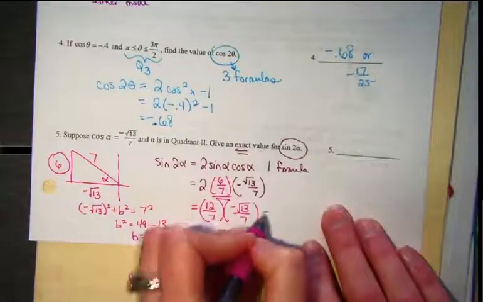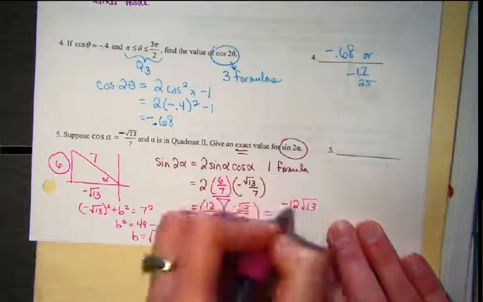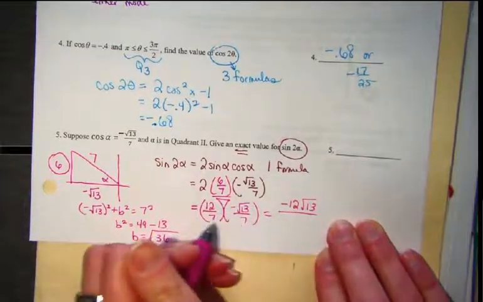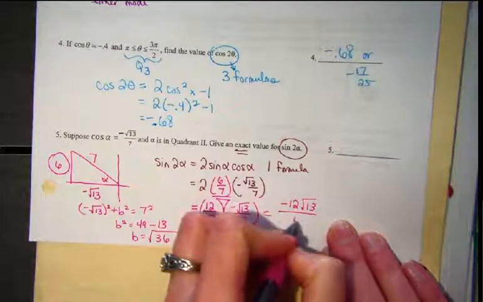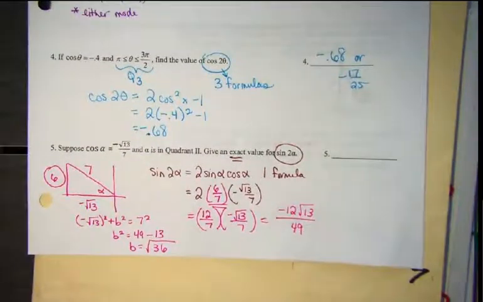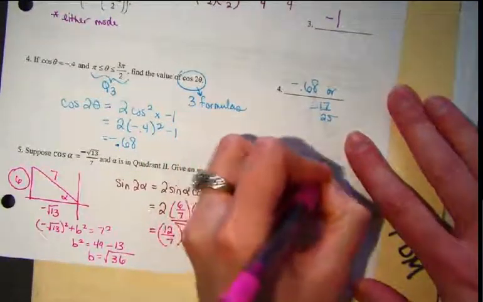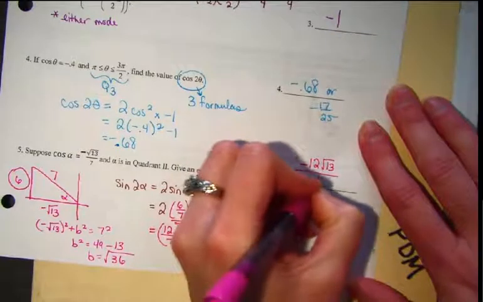When I multiply these straight across, a negative times a positive is negative 12 roots of 13, and I do multiply my denominators to get 49. Can I simplify negative 12 and 49? Can I simplify square root 13? I can't. So my final answer, negative 12 roots of 13 over 49.